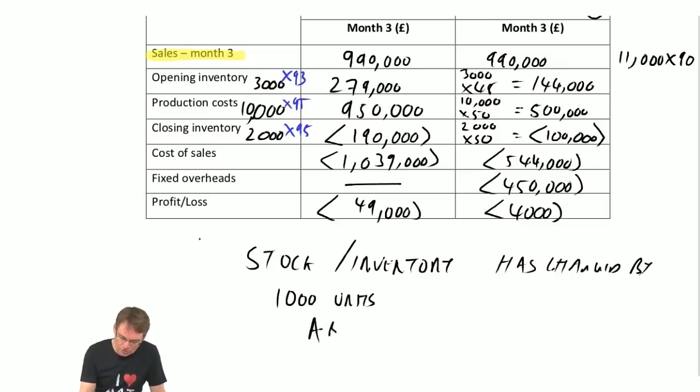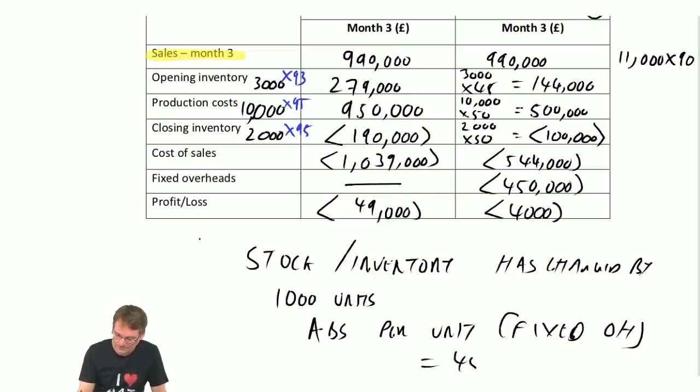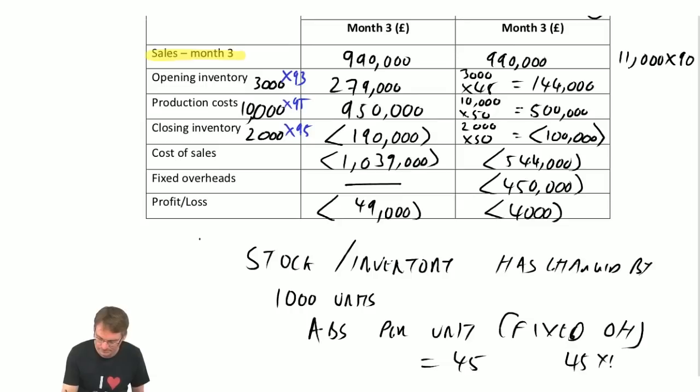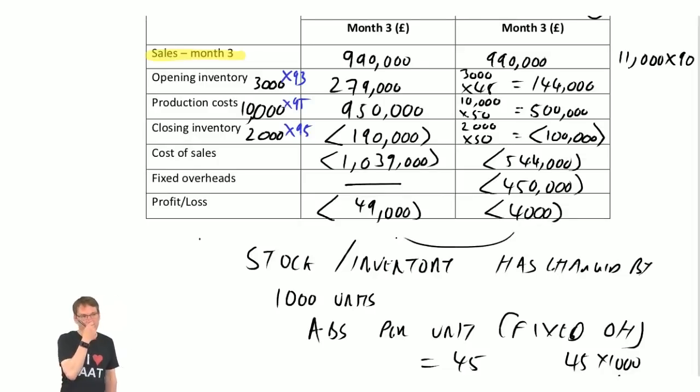And the absorption per unit, in other words, the fixed overheads part, was equal to £45. £45 times 1,000 is £45,000, which is the difference between those two figures.